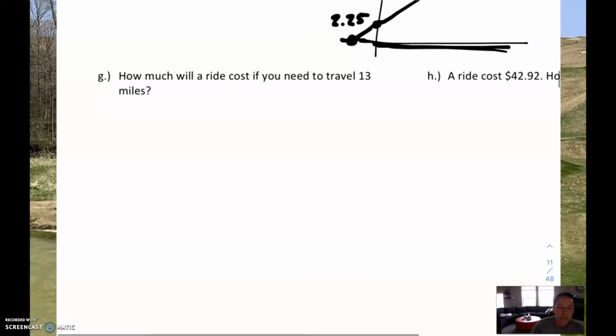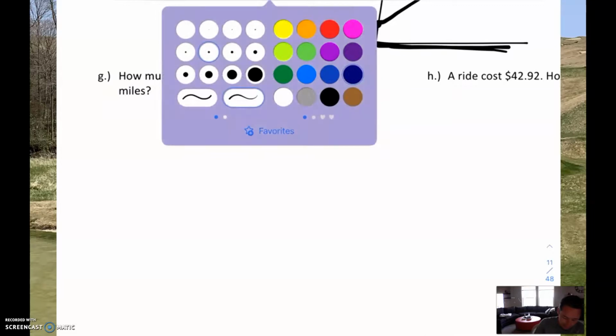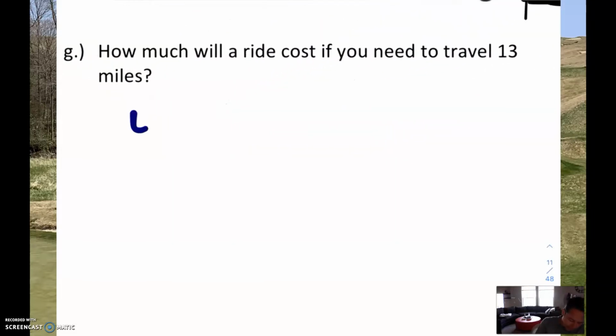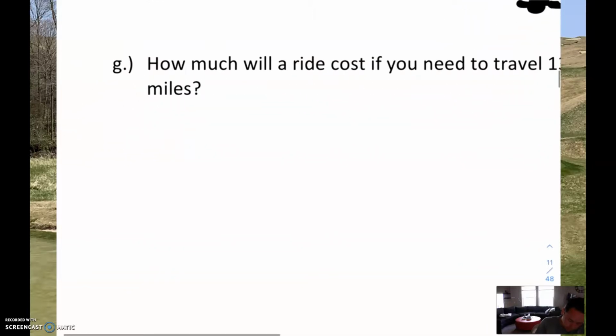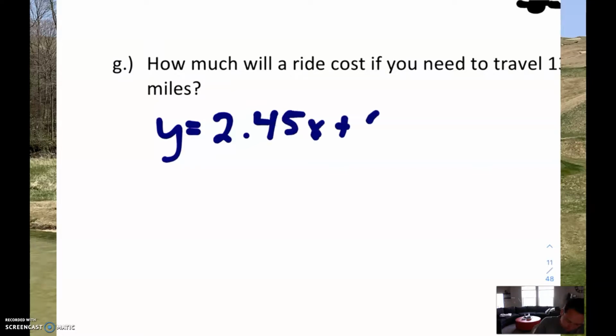Part G, how much will a ride cost if you need to travel for 13 miles? Let's write our equation out again. Y equals 2.45x plus 2.25.